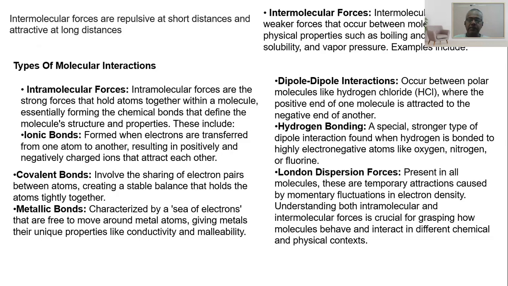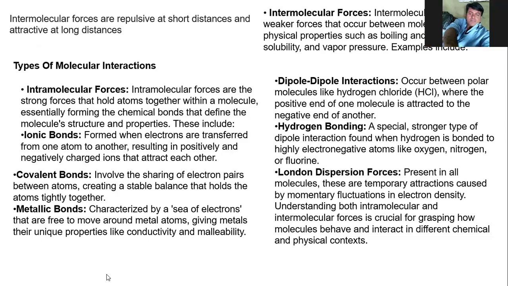For example, dipole-dipole interaction between polar molecules, for example, hydrogen chloride. One molecule is positive, one molecule is negative. That's why they are attracted, and that's why they are called dipole-dipole interaction. Second one is the hydrogen bond, a stronger kind of dipole interaction, when hydrogen is especially involved and making bonds with highly electronegative atoms like oxygen, nitrogen, or fluorine.